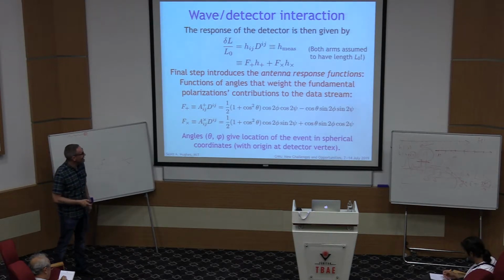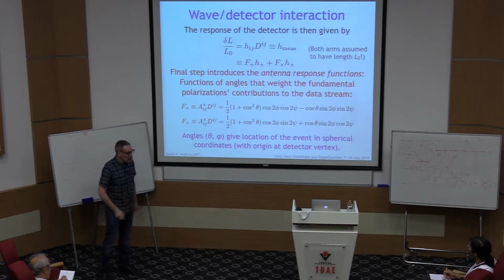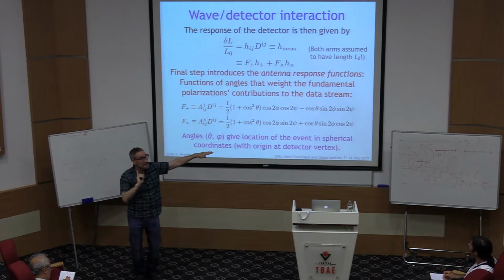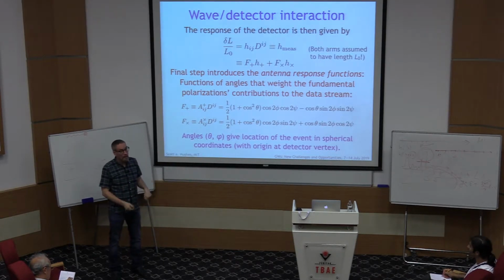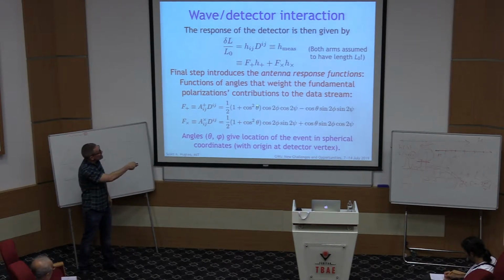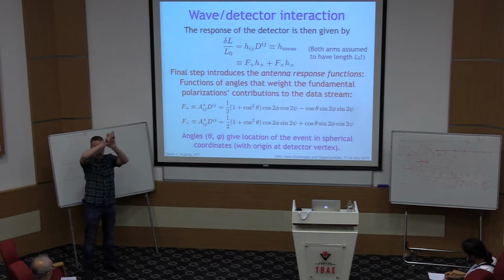Yes, that's right. So if you imagine that here's my gravitational wave detector, and I define, let's say this is the x-axis, this is the y-axis, z-axis points along my head. If I define spherical polar coordinates according to those axes in the normal way, then theta and phi denote the position of my source in that particular coordinate system.